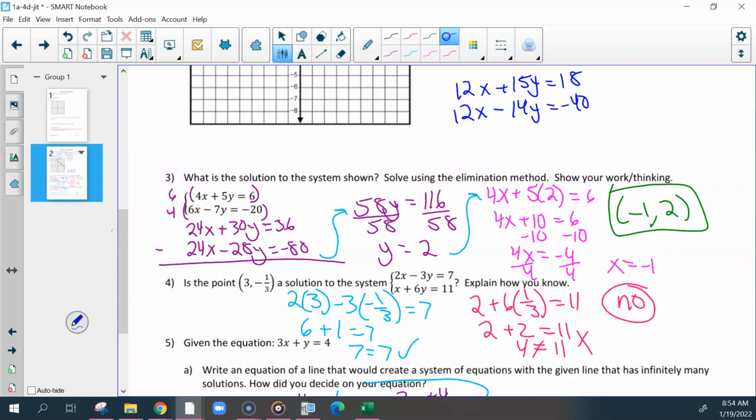You would still subtract, because these are both positive, to get 29y. And whatever that is. 29y and 58. Oh, you're adding, yeah.